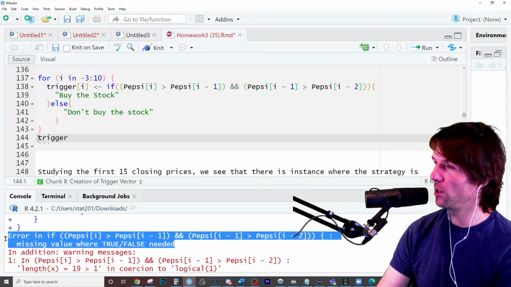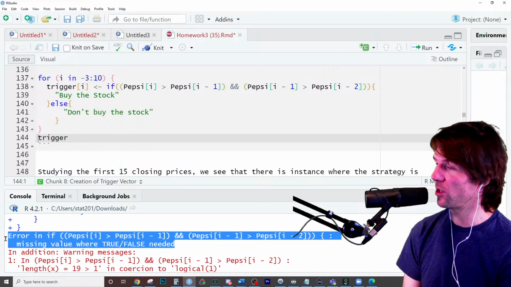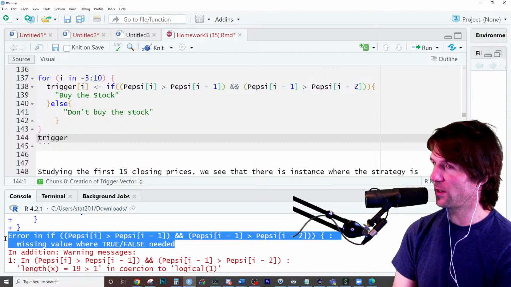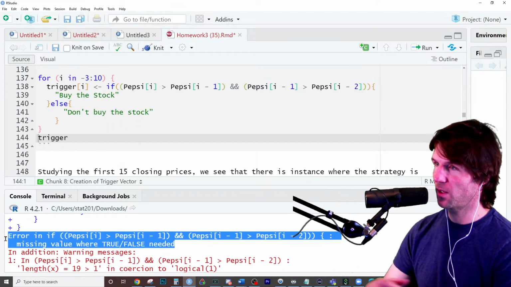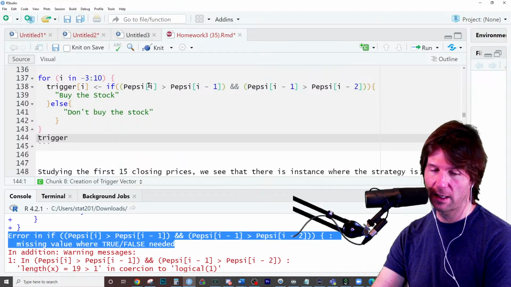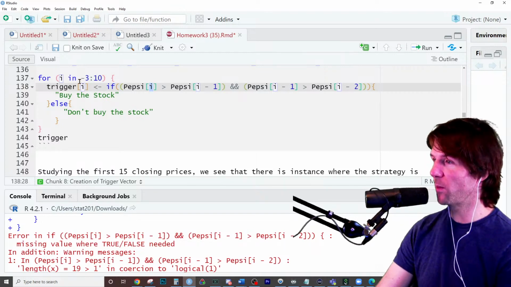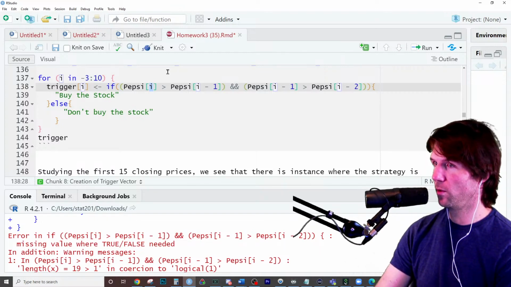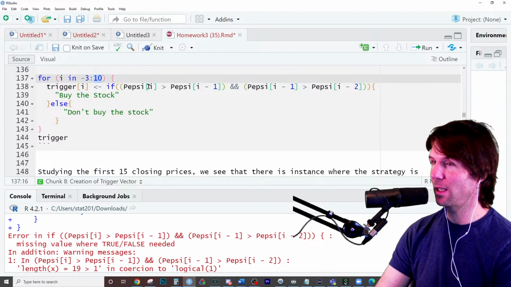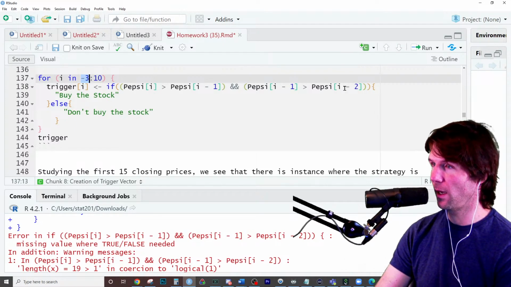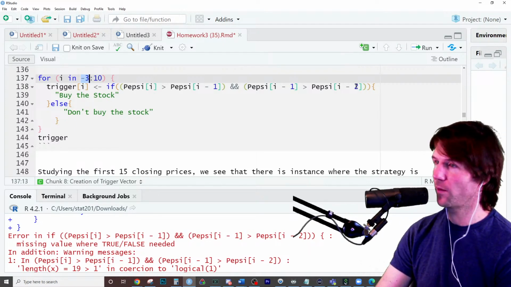It says probably the loop is escaping the values for which it can evaluate. So the vector you're going through escapes, and probably has to do with the way you're referencing the i's. Think about your maximum and your minimum values of i. Your maximum value of i would be here at the end. So I need to have at least position 10, and the minimum value of i needs to be -5, and Pepsi doesn't have a -5 position.